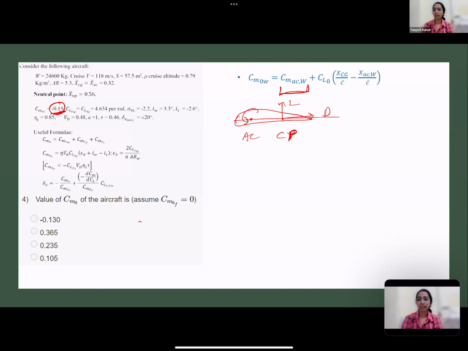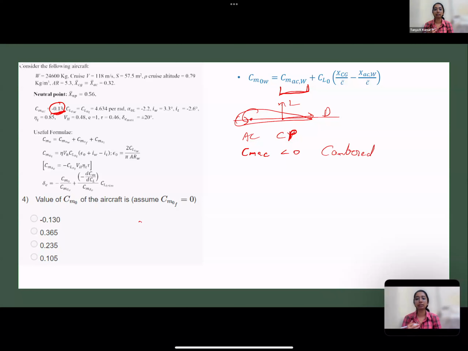Pitch down. And our convention was pitch down is negative, correct? Yes. So Sandra, you're right. It is pitch down. Pitch down is negative. So in the case of a cambered airfoil, the moment that comes when you transfer the forces from CP to AC is negative. So in this case, your CMAC is negative. Okay, so it is a cambered airfoil.